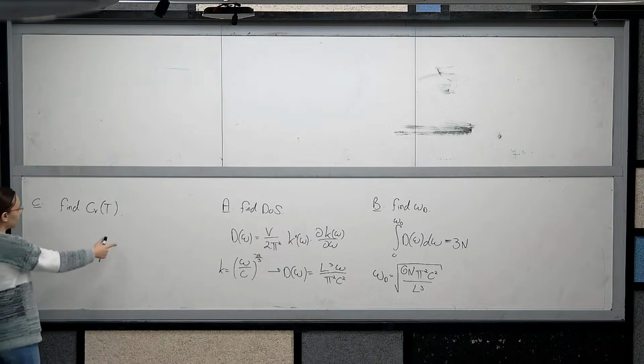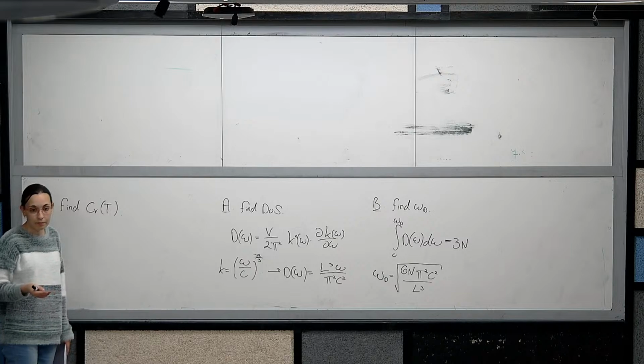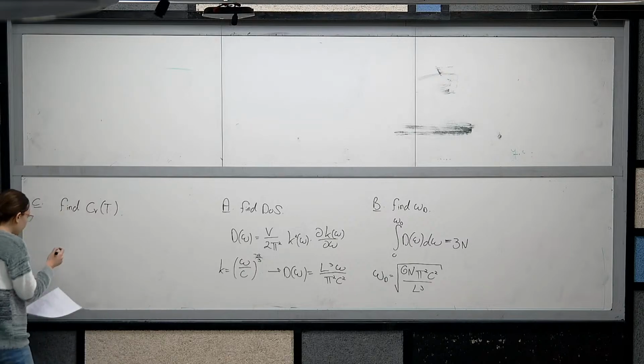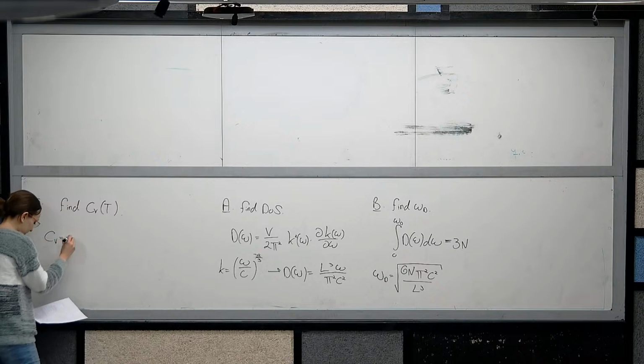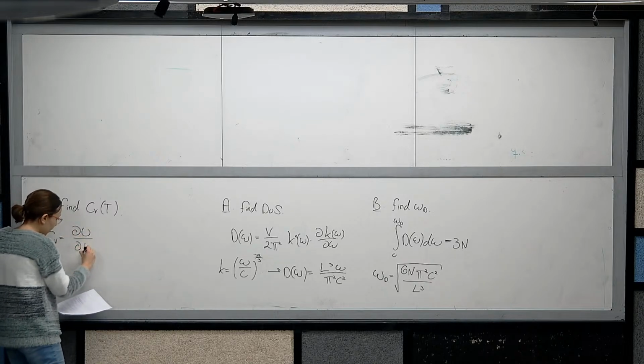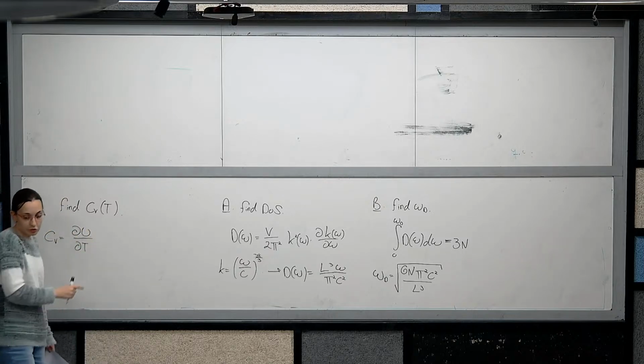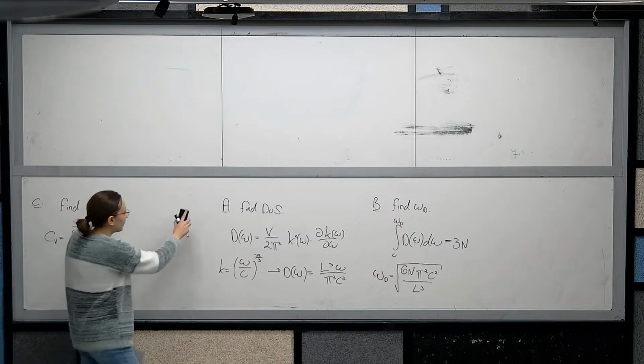First, in order to find the heat capacity, we need to find the internal energy of the system, because the heat capacity is the derivative of U relative to the temperature. So we need to find this internal energy.